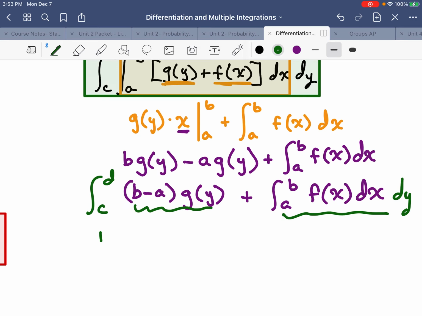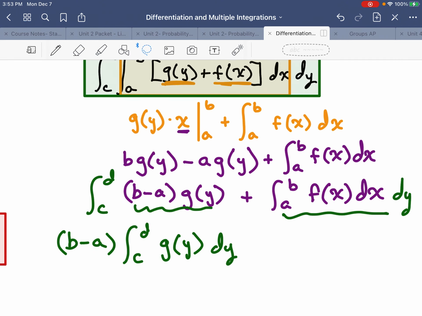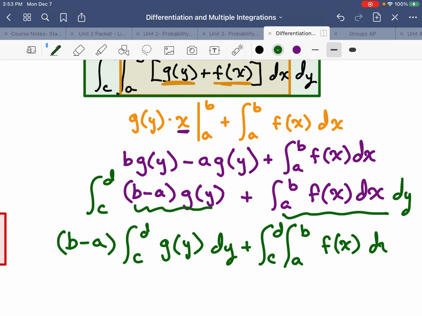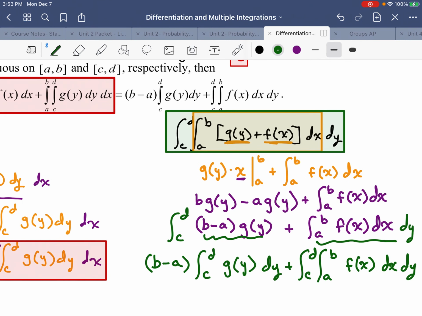I could factor out the b minus a, times the integral from c to d of g of y dy, plus the double integral from c to d, then a to b of f of x dx dy. And if we compare that with what we have above, you see it is precisely identical.